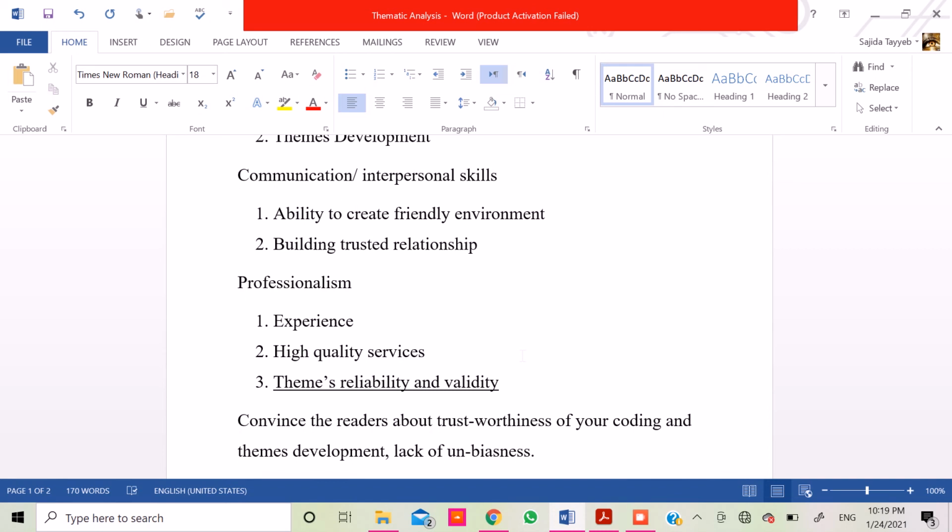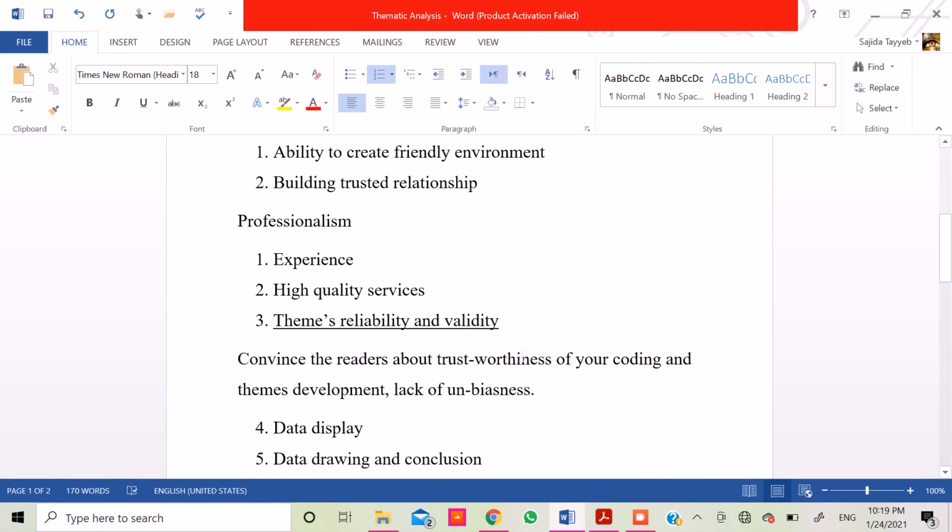That's how you can convince the readers about its reliability and validity. For the reference, you can easily take a reference from the paper that I'm going to send you, and that's how you can ensure the reliability and validity.